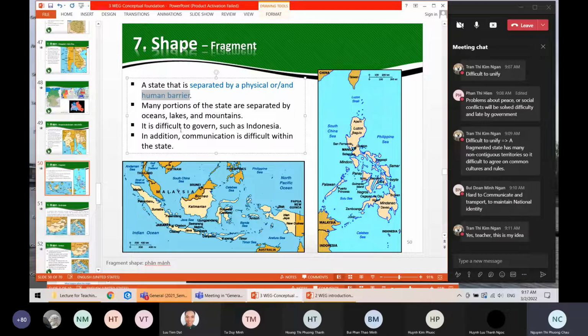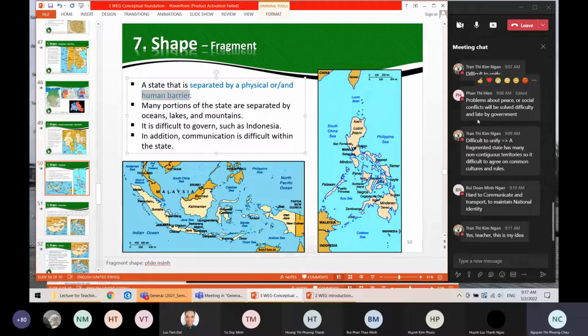Yes, and about human barrier, I give you some information. Then you may think, what is the human barrier? Like in the Philippines. The Philippines has more than 1,000 islands. It means the Philippines has more than 1,000 languages.